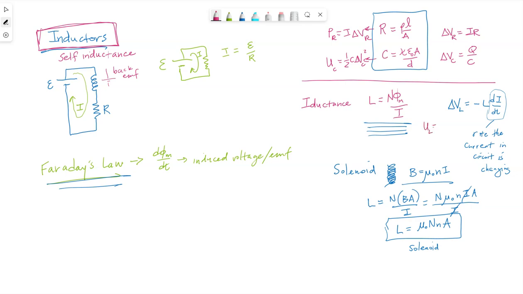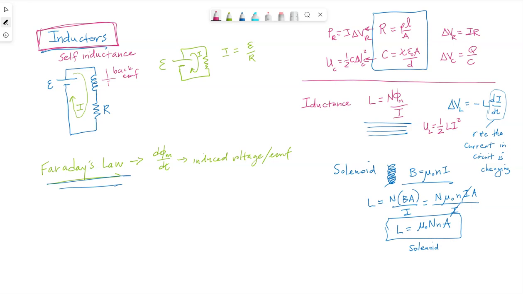So writing that over near our inductance and voltage drop equations, the amount of energy stored in an inductor depends upon its inductance as well as how much current is flowing through it. So at a moment in time, if we know how much current is flowing, we can calculate how much energy is stored.